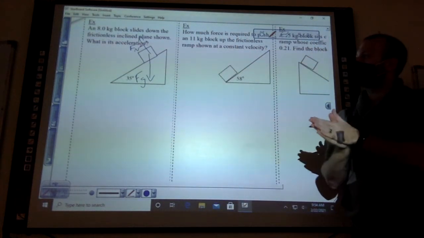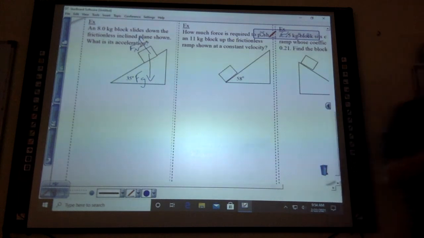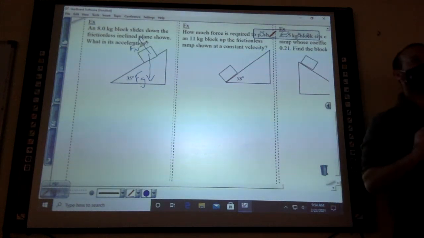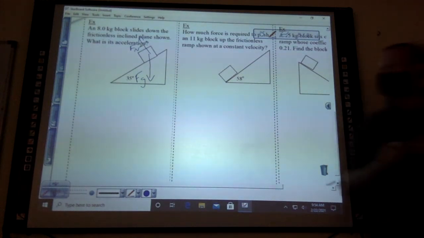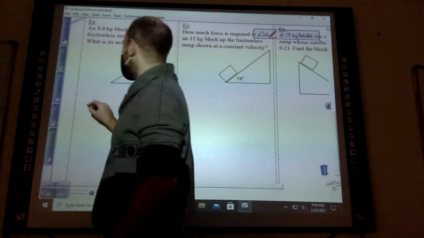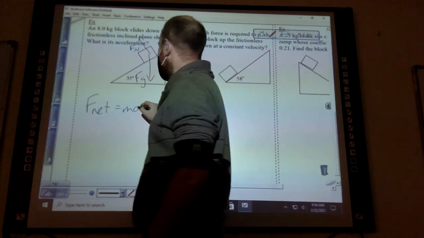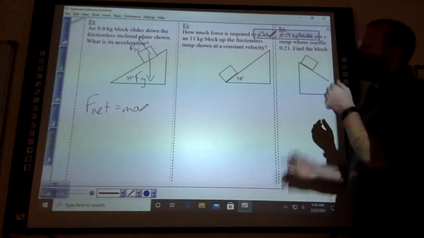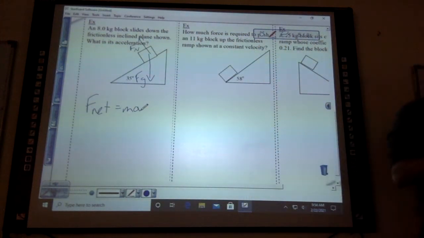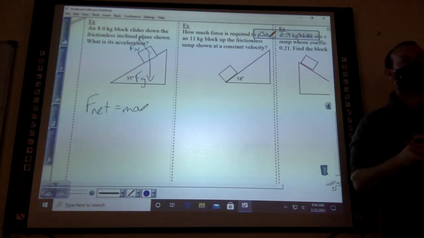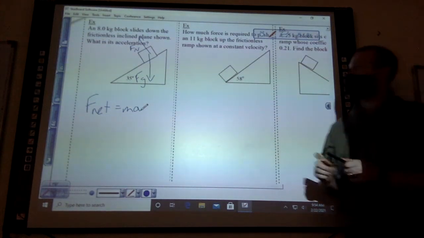If I want to solve for acceleration, any guesses what equation we're using? Yeah, so we're dealing with F net equals ma. What is my F net in this case? No. FG parallel, right?